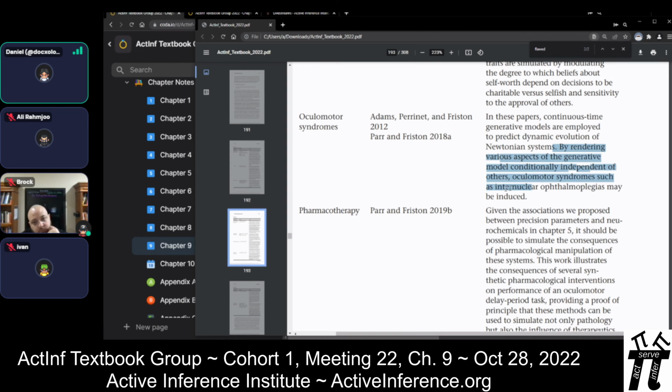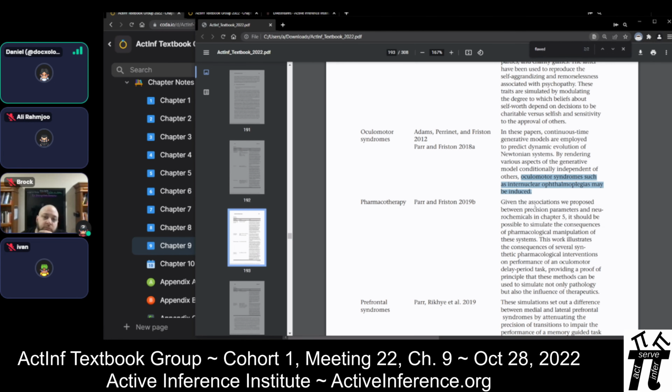Ocular motor syndromes such as internuclear ophthalmoplegias may be induced. So, if you were just diagnosing these as different conditions, maybe they have similar etiologies, how the condition arises, maybe they have different, maybe they have multiple. But these two conditions computationally can be understood as parametric modulations in a computational model of ocular motor behavior.